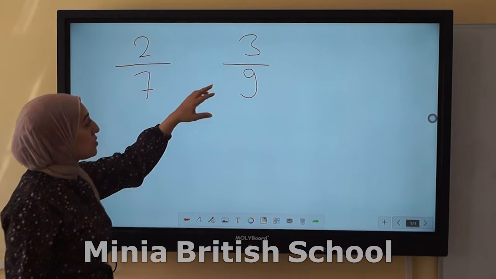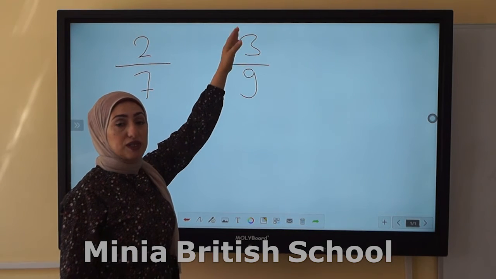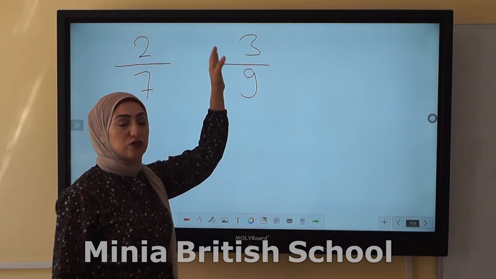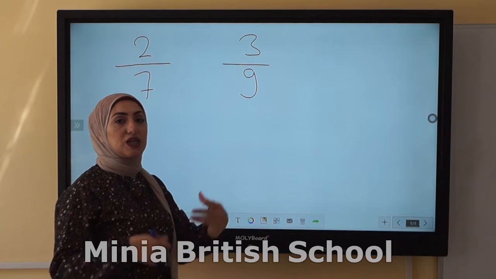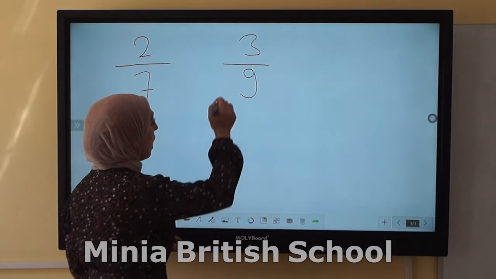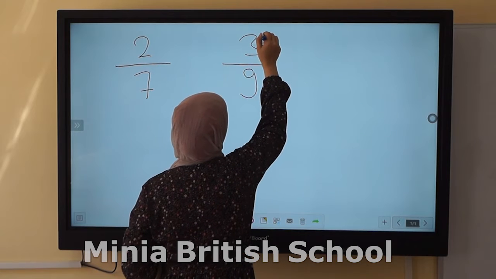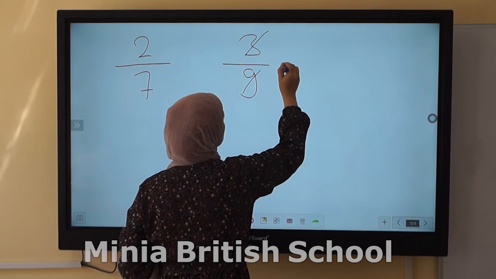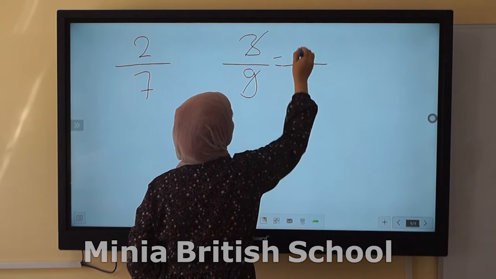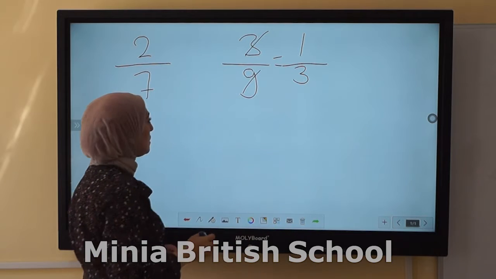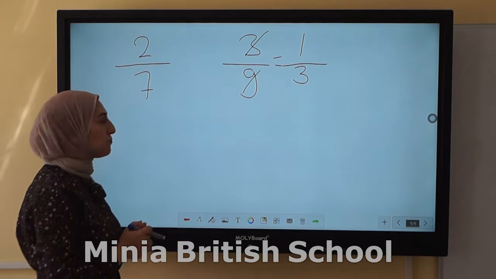By the way, you can simplify this fraction. If you want, you can simplify it to be easier for you. So, I simplify it. So, it will be 1 over 3. Okay?